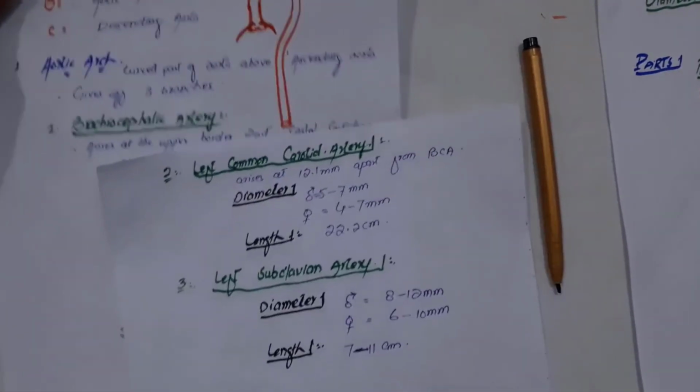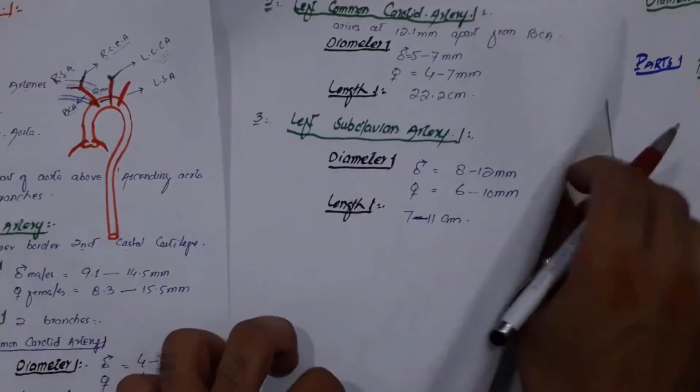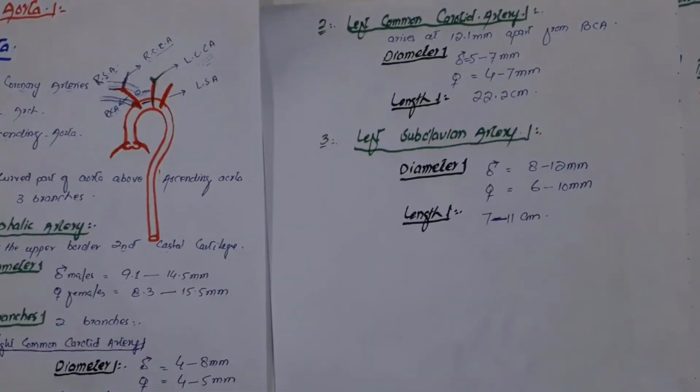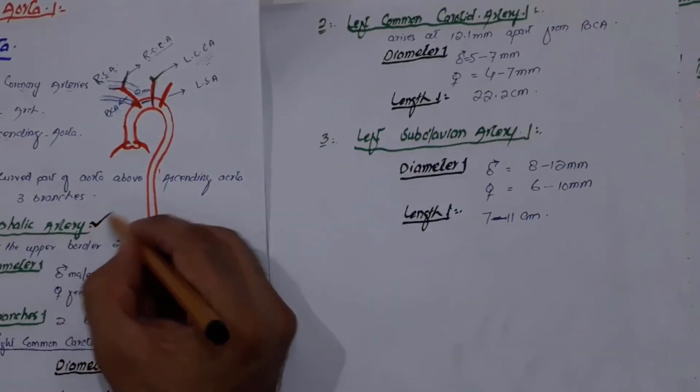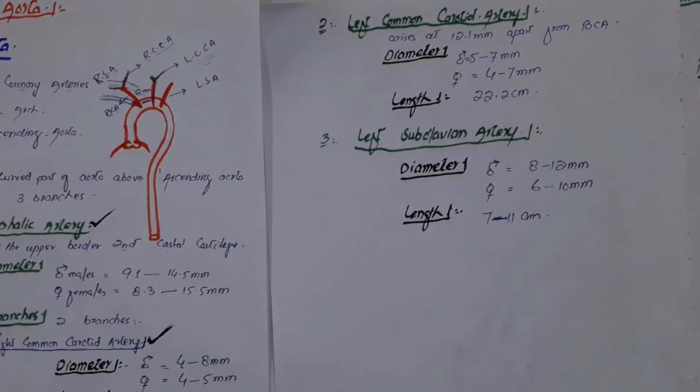Okay, these were the three branches which arise from the arch of the aorta. The first one we discussed here, the brachiocephalic artery, which gives off two important branches. Those are the right common carotid artery and the right subclavian artery, right?